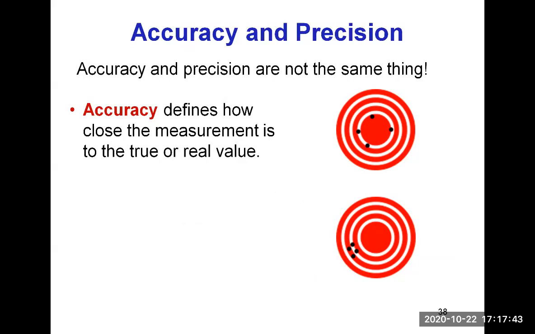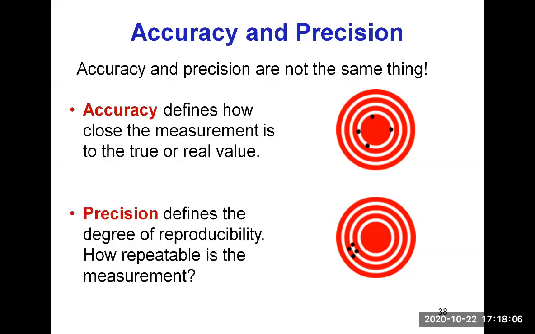And so, for example, in the case of a target, like we have here on the right, the true or real value is symbolized by the center of the target. So the accuracy defines how close your measurement is to the center of the target, for example.